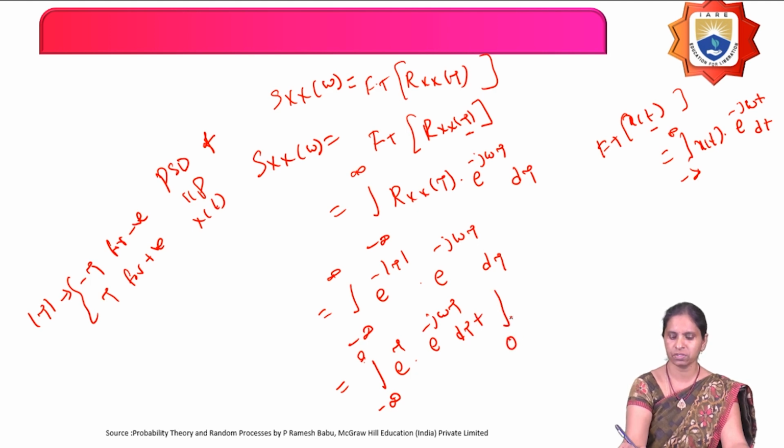From where to where are the positive values? From 0 to infinity. These are the positive values of tau. For positive values of tau, what is the mod tau value? Tau. Therefore, you will get e power minus tau into e power minus j omega tau d tau.